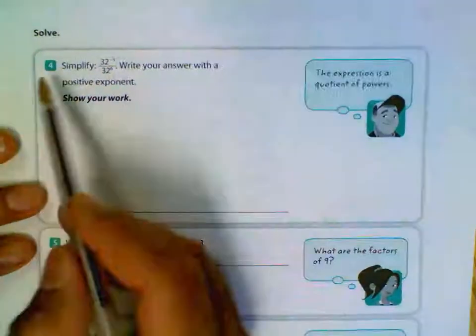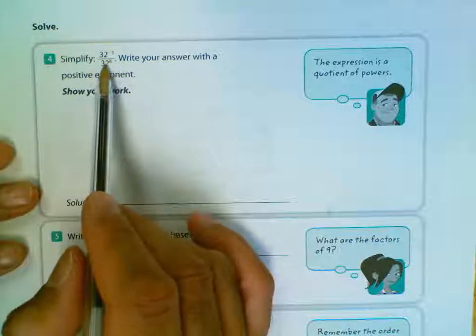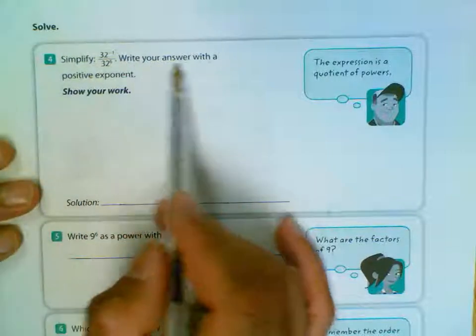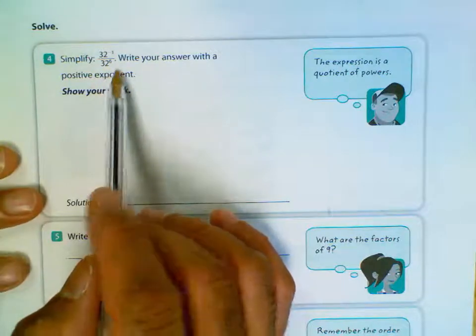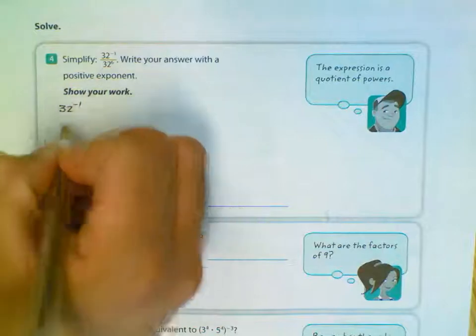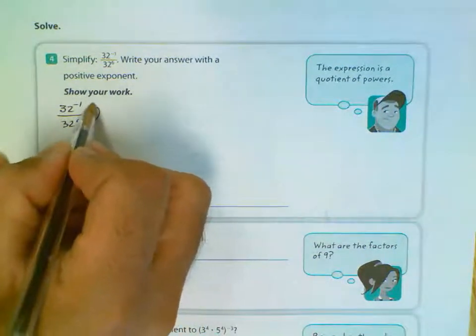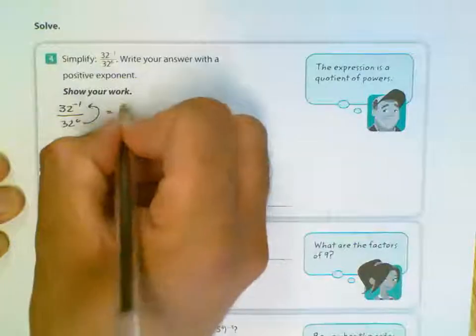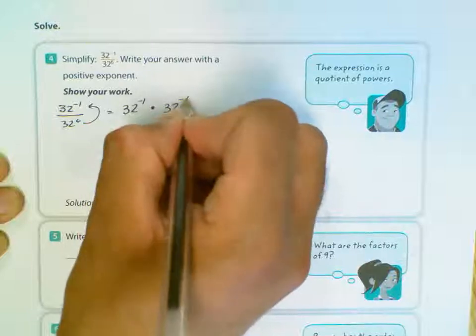Number 10, page number 10, problem number 4, you have to simplify 32 to the negative 1 over 32 to the 6th. Write your answer with a positive exponent. So I'm going to show you the work. I have 32 to the negative 1 over 32 to the 6th power. I'm going to move this denominator to the numerator. So this equals 32 to the negative 1 times 32 to the negative 6.